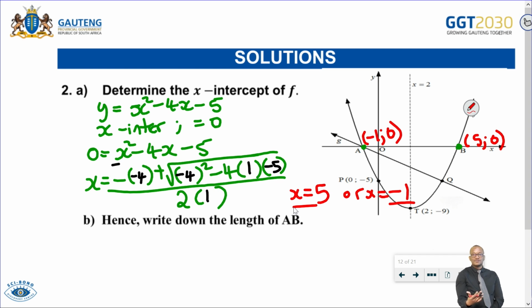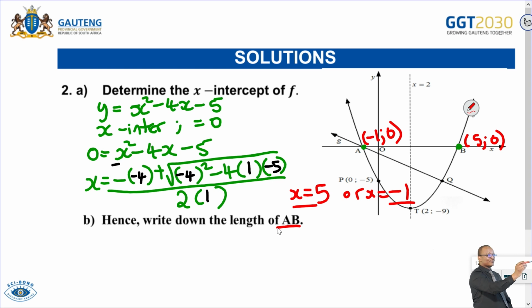If you know how to factorize, it's still fine. You can factorize and get your values of x. So now, they said we must hence determine and write down the length of AB. Remember, the length of AB is from A to B, and if we check, it was 1 mark. So you can still count from A to B. How many units are there?